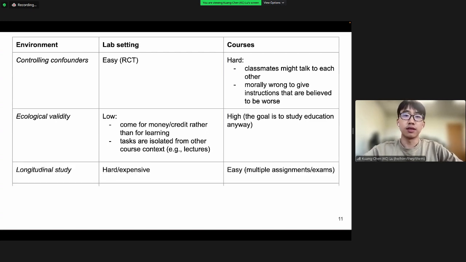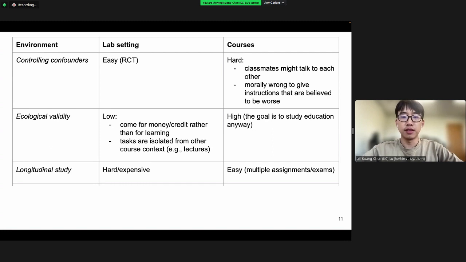It is hard or expensive or even impossible to do a longitudinal study in a lab setting because we need to ask students to visit multiple times. In courses, although students might drop or enroll, especially at the beginning of a semester, the population is usually relatively stable, and we can repeatedly measure their performance via multiple assignments and exams.